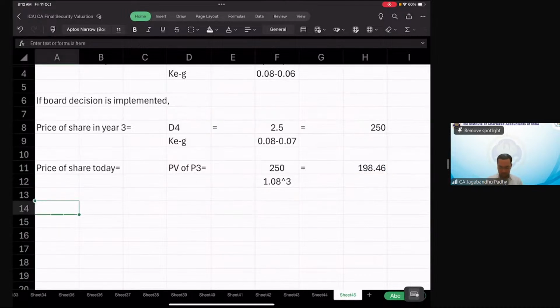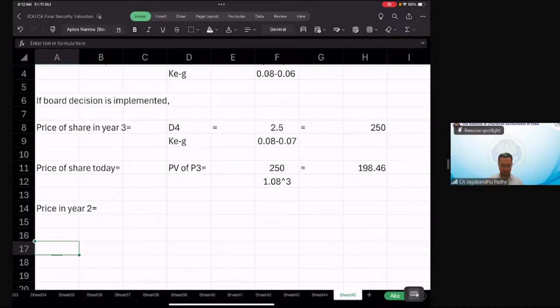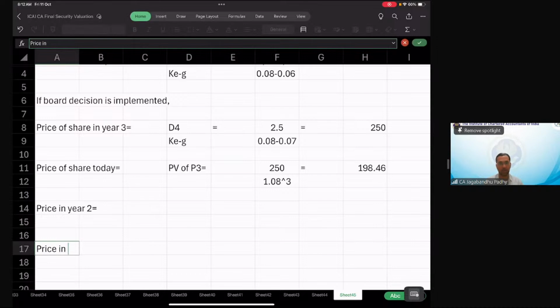So we'll say price in year 2. Then I also need to know the price in year 1.